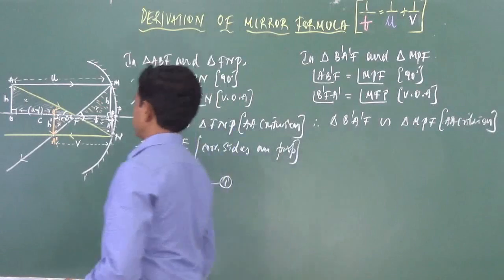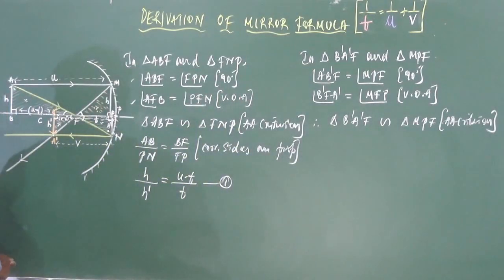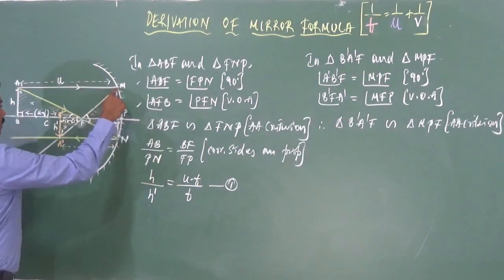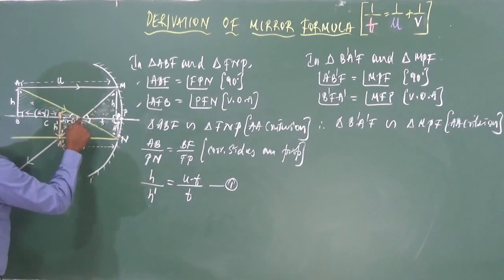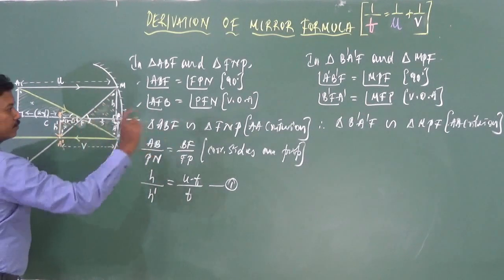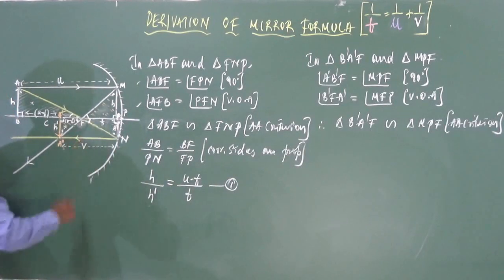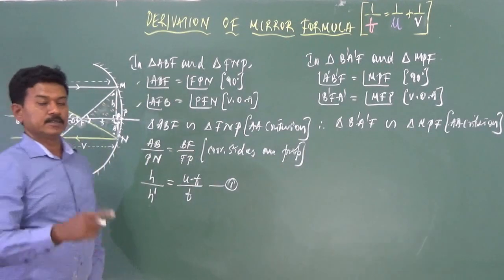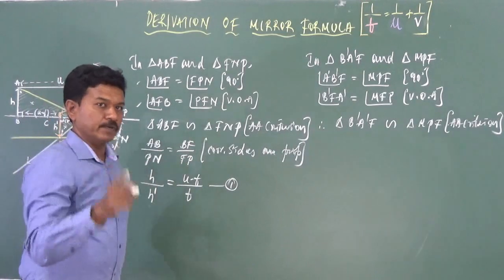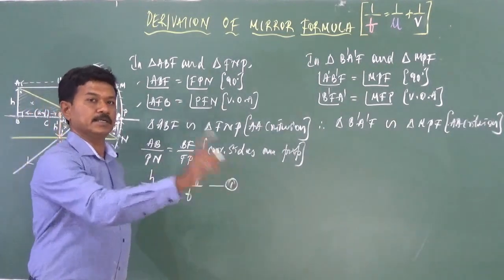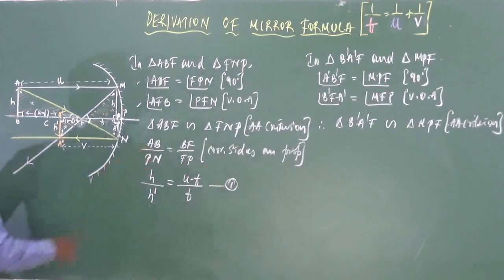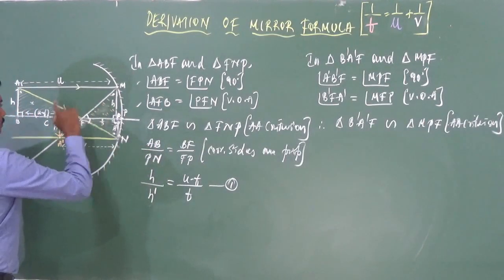In order to write the proportionality, we have to consider the third angle here. So we can take the corresponding sides and write the proportionality. We will start from this triangle.